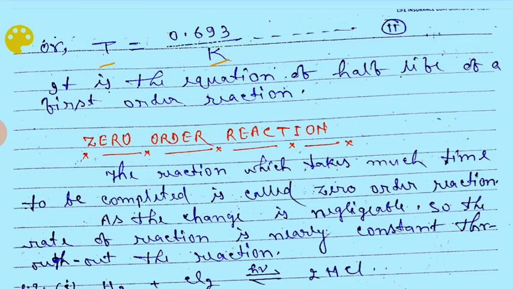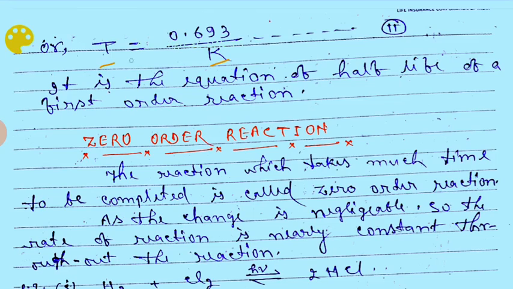It is the equation of half-life. What is the equation of half-life? T is equal to 0.693 by k. So, if you know the value of disintegration constant, then you can easily calculate half-life period.